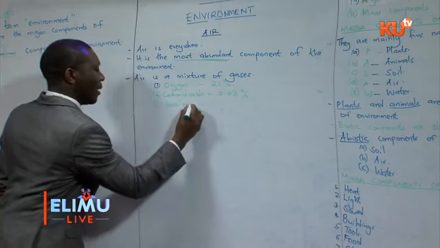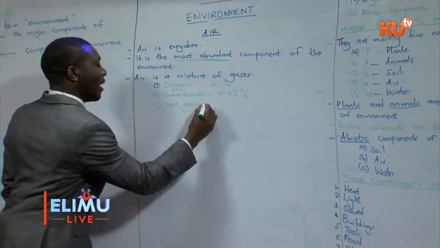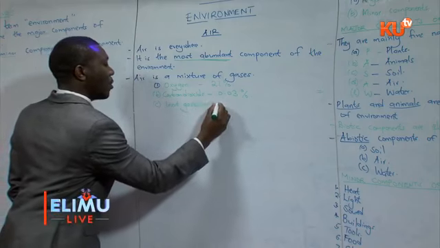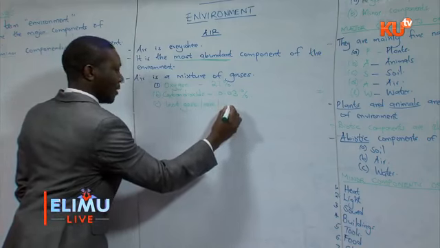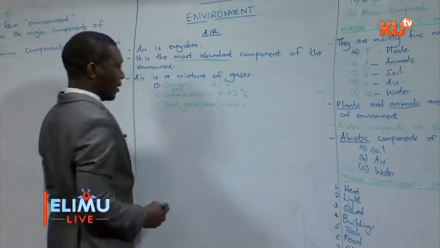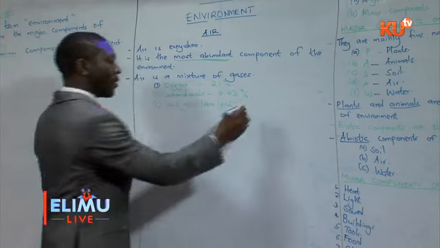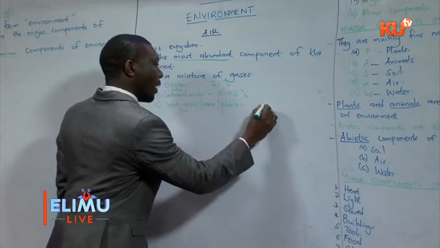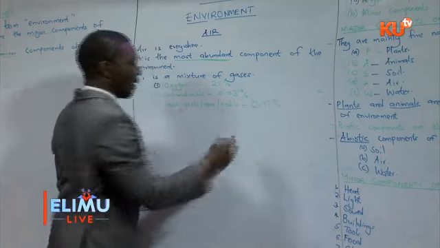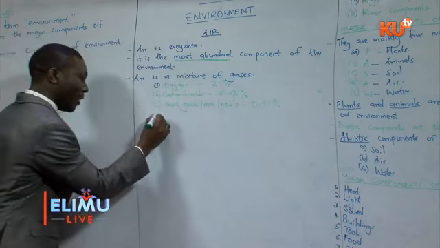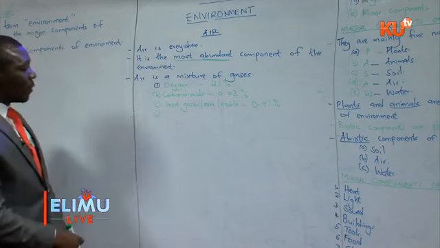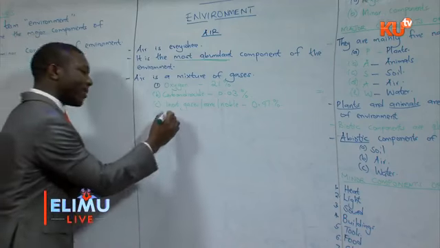Inert gases is also known as rare gases, or it is also known as noble gases. Inert gases comprise 0.97% of the air. And then lastly, it is also composed of another gas known as nitrogen.